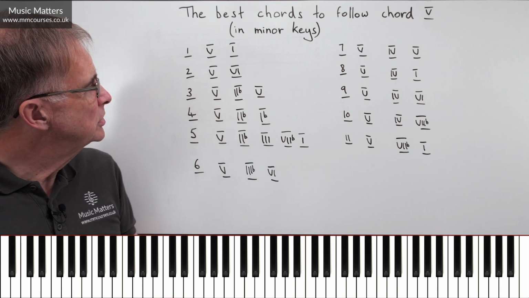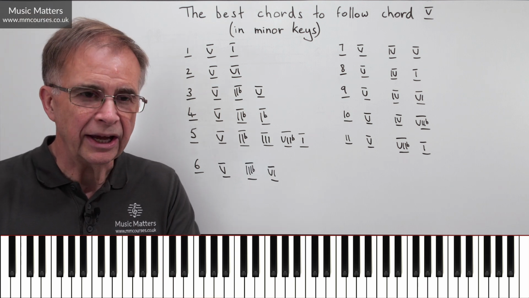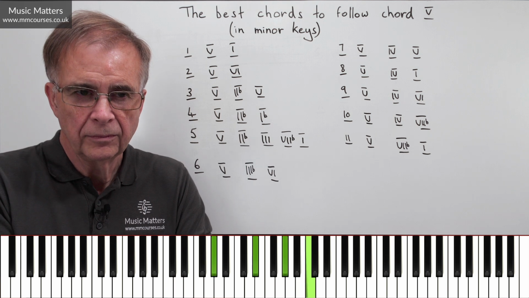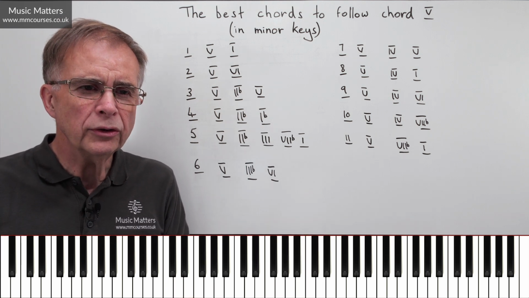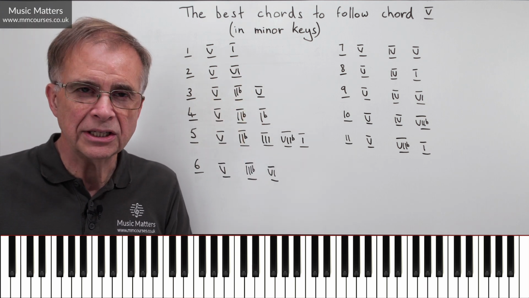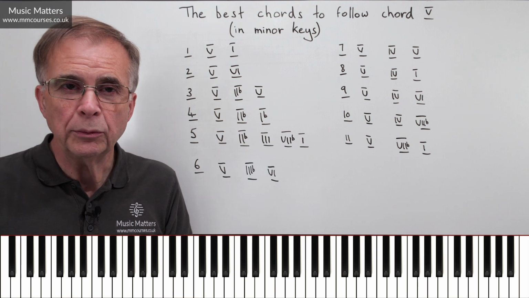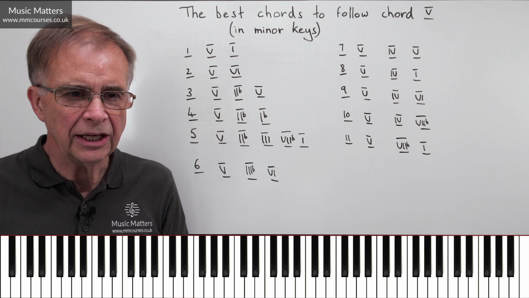Okay, option number 2 is perhaps another very common progression, 5 to 6. Again, it's another cadence formula. Not that options 1 and 2 have to be used at the end of a phrase exclusively. They could be used anywhere else in a phrase, but they're kind of the most obvious places to go.